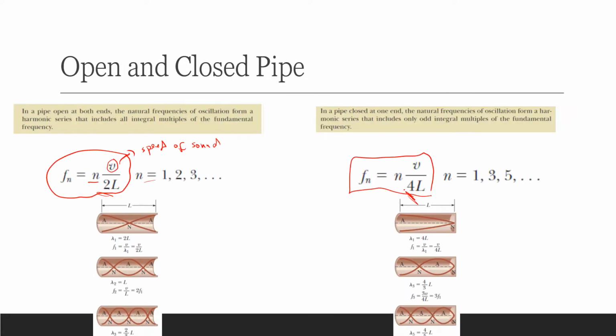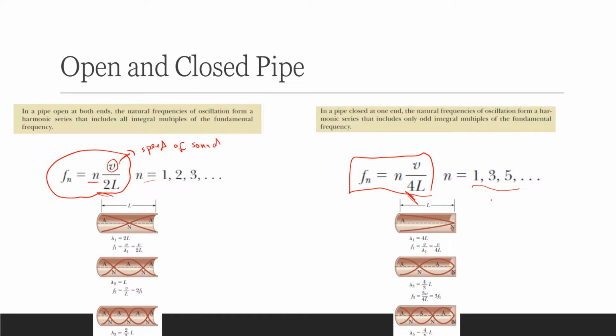a closed pipe. And notice also that we don't see the second, fourth, and all even harmonics for a closed pipe. So there is no n equals 2, n equals 4, n equals 6, no even numbers. Only odd numbers.